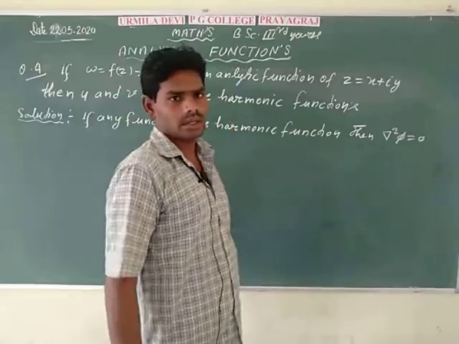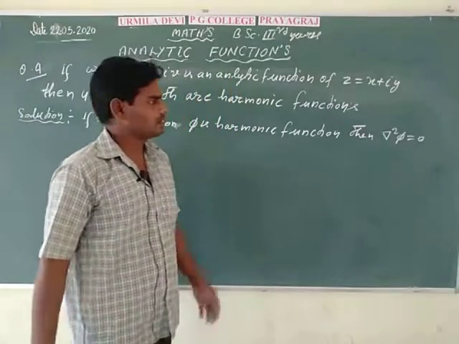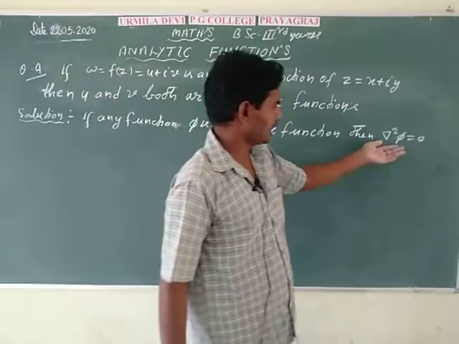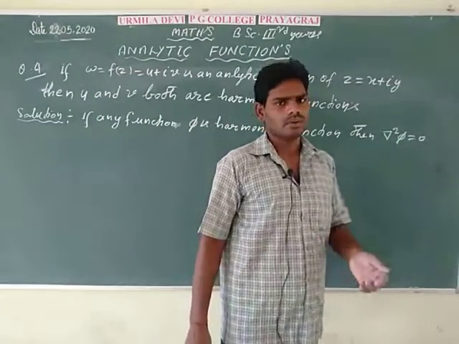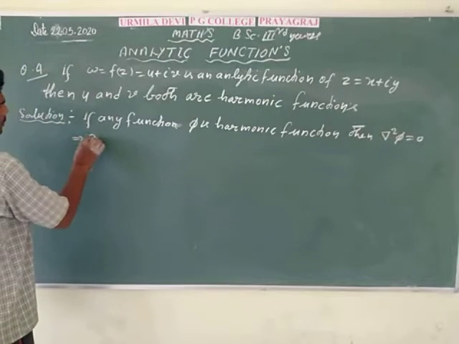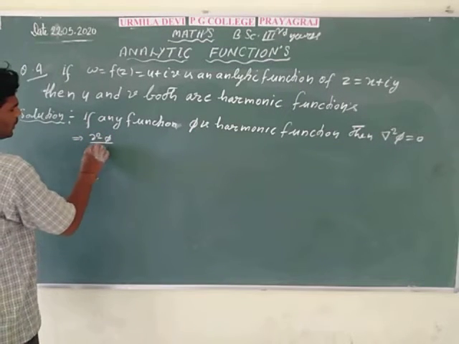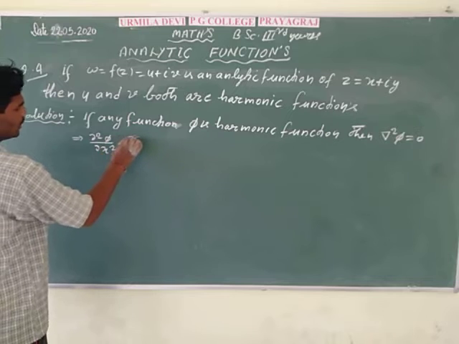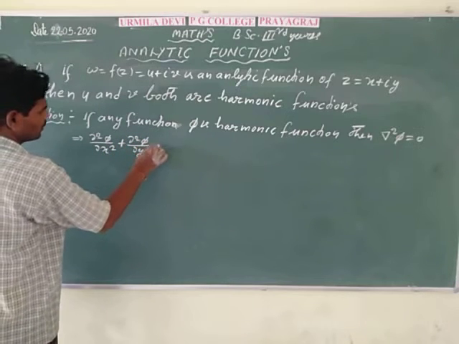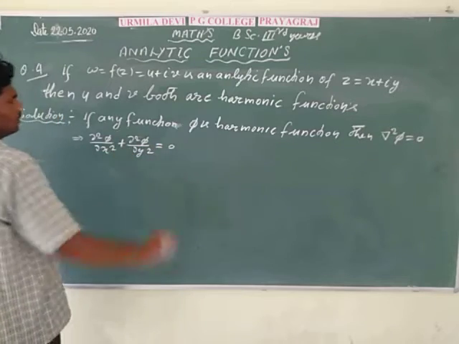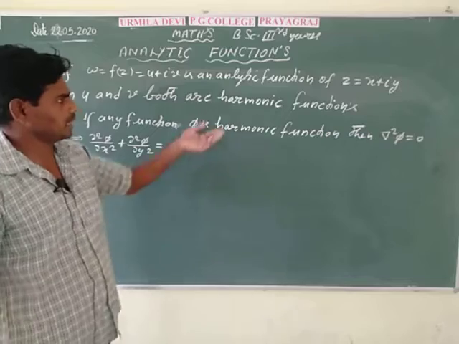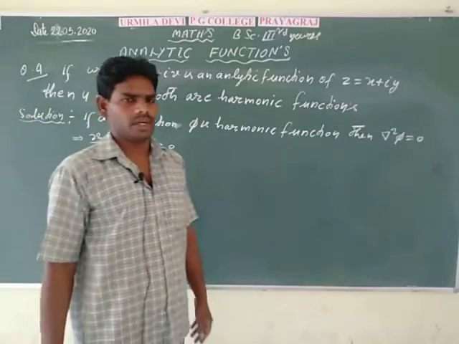It is necessary that if any function phi is harmonic, then del square phi is equal to 0. That means the second-order differentiation del square phi by del x square plus del square phi by del y square is equal to 0. This is the necessary condition, as a formula to prove that phi is a harmonic function.